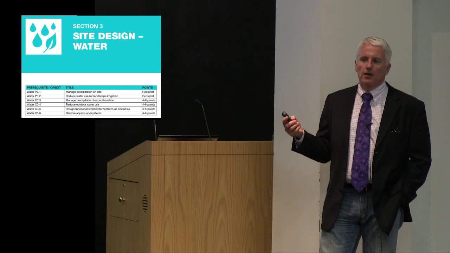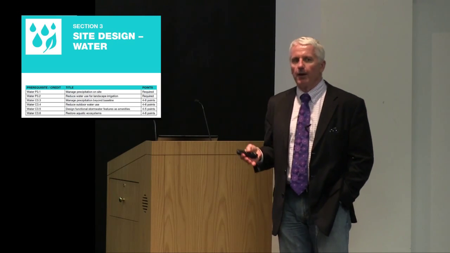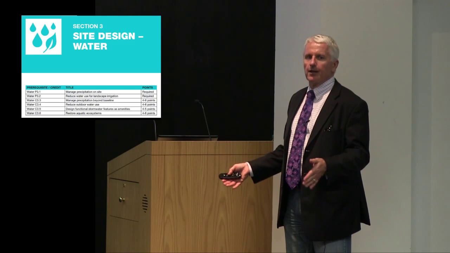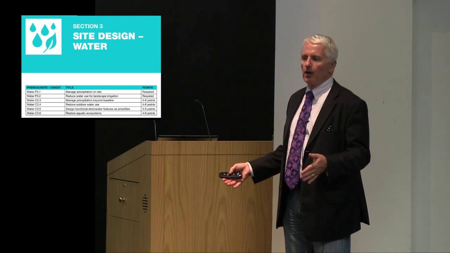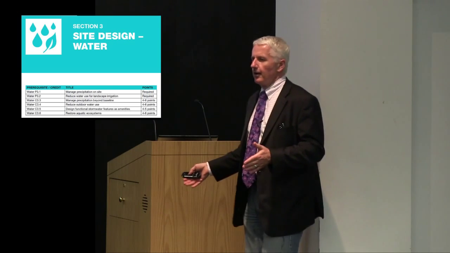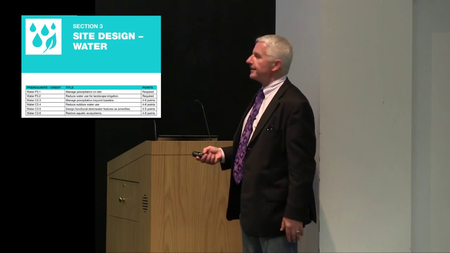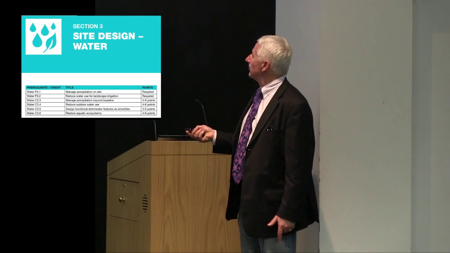Basically, comparing to a typical baseline for your geographic area, what would be the normal approach for landscape irrigation and using water in the landscape, and then showing, and I believe it's a 50% reduction from that typical. That's all you need to do to meet the minimum standard.